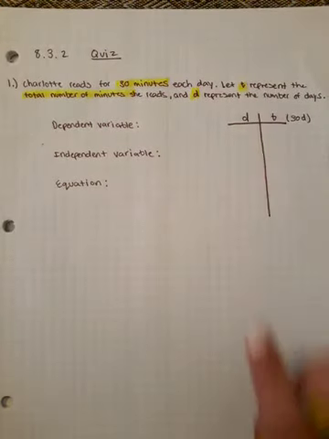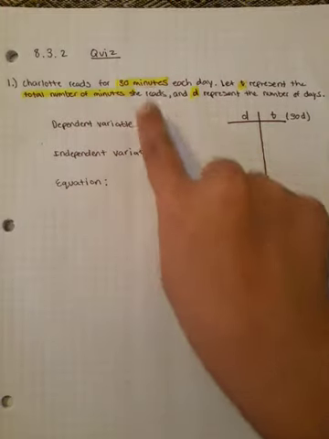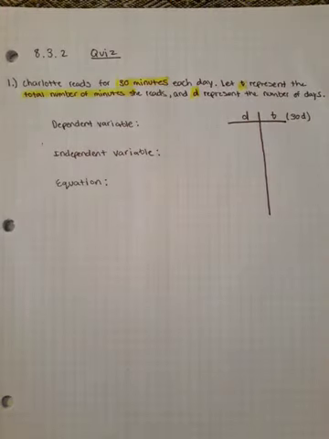D represents the number of days that she reads. So those are the important pieces of information. She reads for 30 minutes each day, and we don't know how many days. We're going to work that out. And they want us to use T to represent the total amount of minutes she reads, and D represent the number of days that she reads.